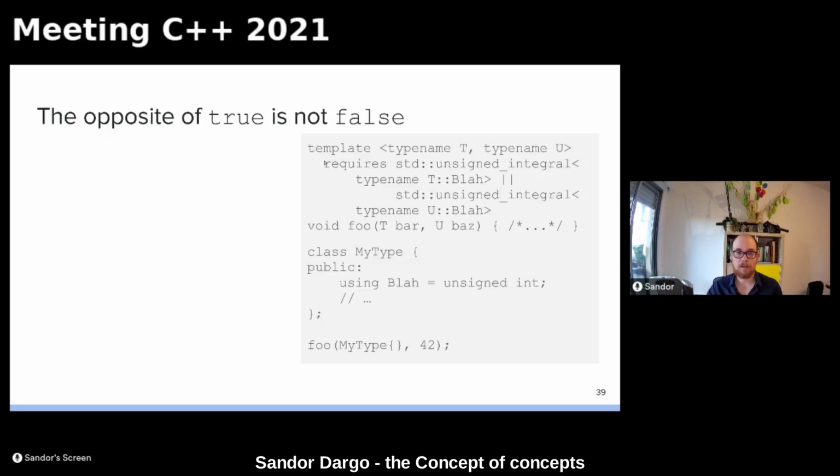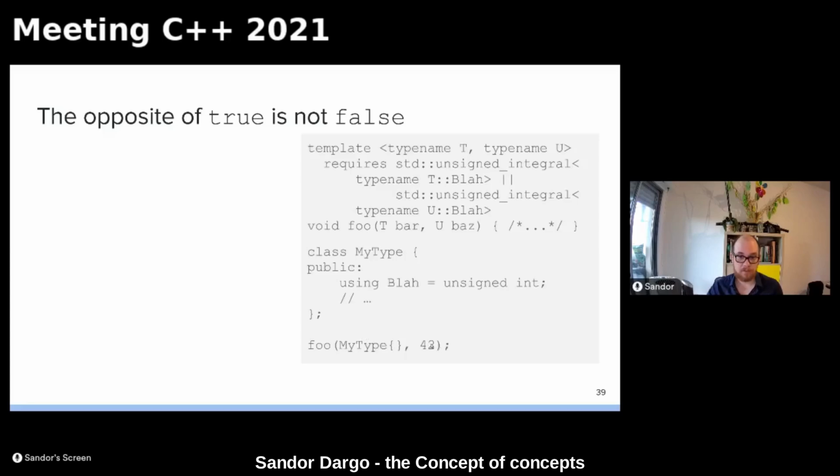In our requires clause, we say that either t should have a nested type blah that is unsigned integral, or u should have this blah that is unsigned integral. And then we just have a class here where we alias unsigned int with the name blah, so we can satisfy the requirement.